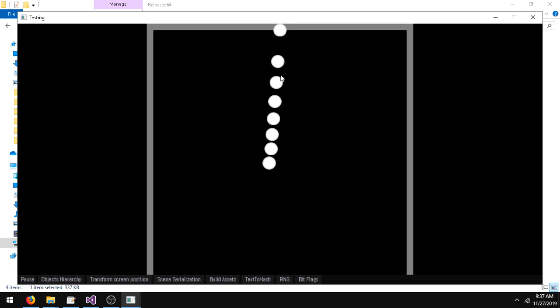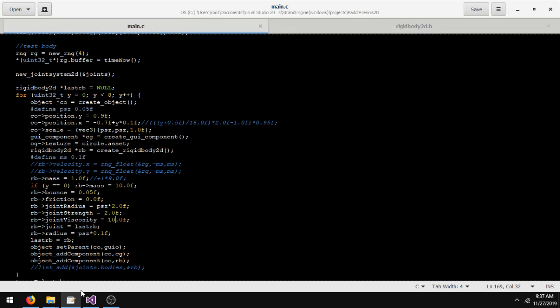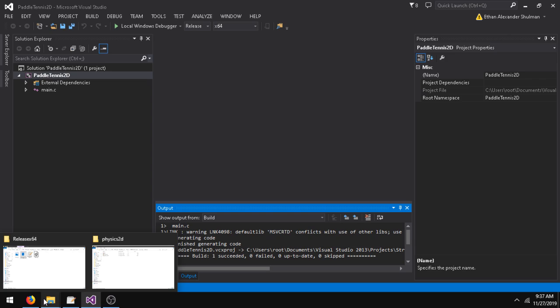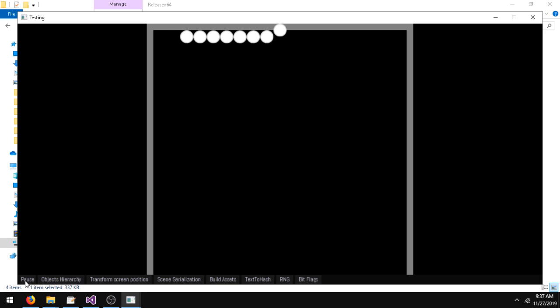So yeah, I think I need to increase the joint strength up here. Oh my god, this is actually really good, I think.